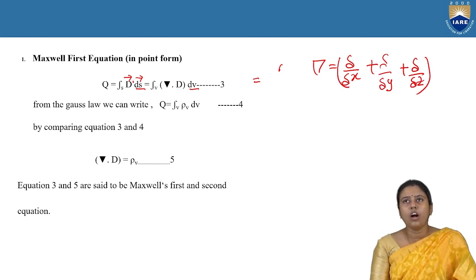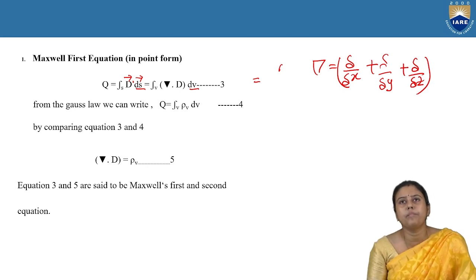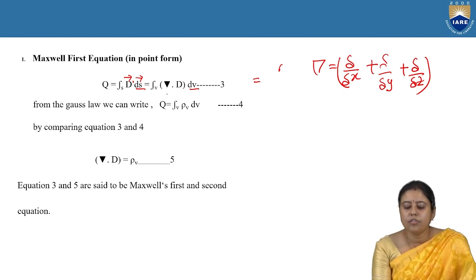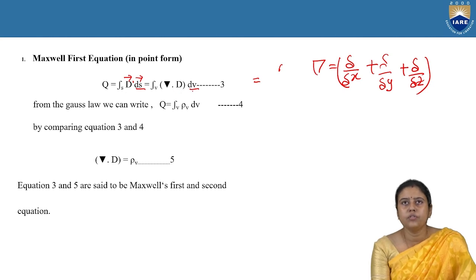So D dot dS becomes del by del x plus del by del y plus del by del z into D, into dV. And from the Gauss law, we know the volume integral of Q is equal to rho v dV. If we compare equation number 3 with equation number 4, we get both are Q.